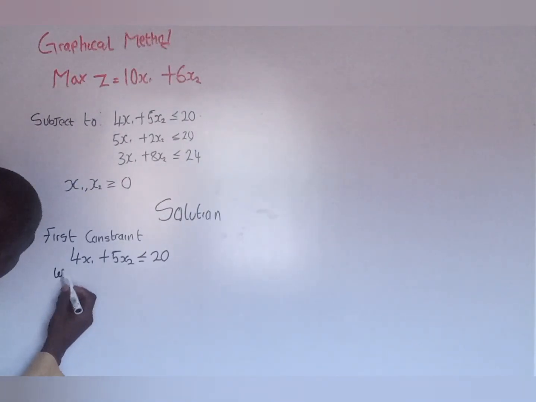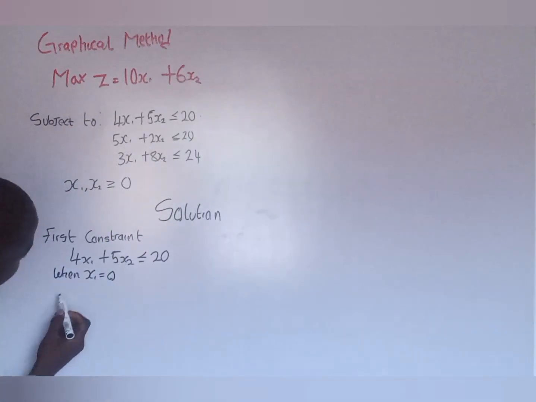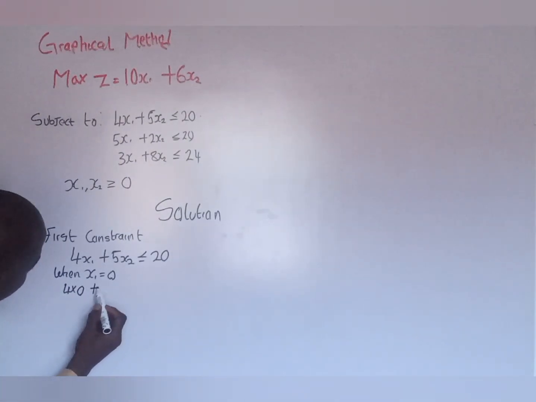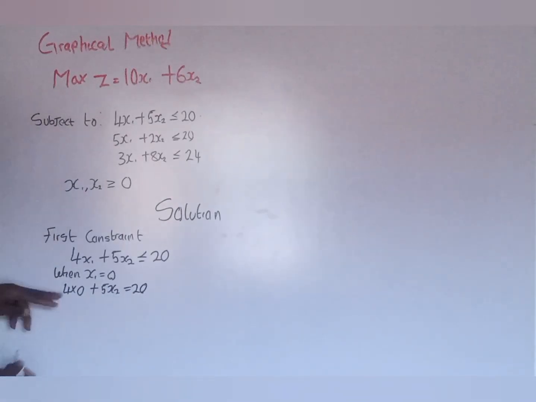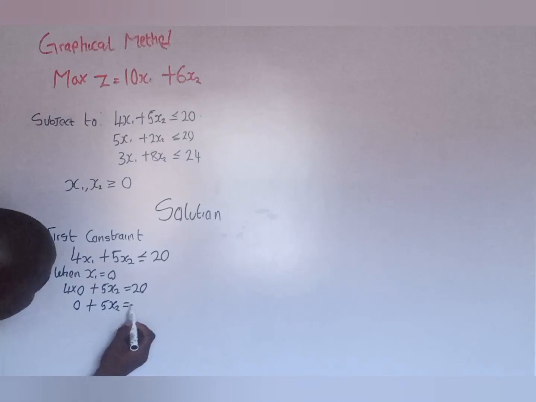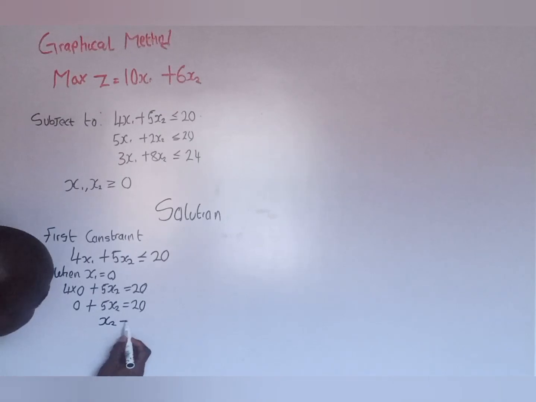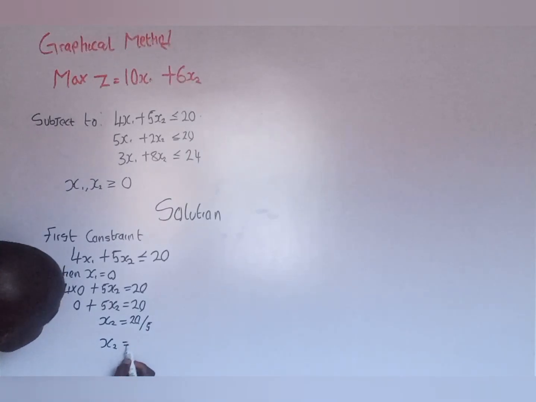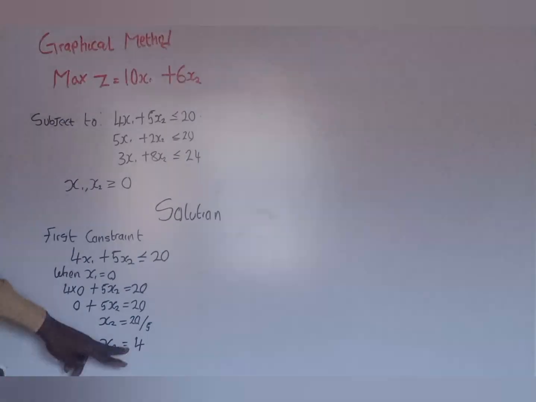When x1 equals 0, we have 4 multiplied by 0 plus 5x2 equals 20. So 4 multiplied by 0 will give us 0. So we have 0 plus 5x2 equals 20. So make x2 the subject of the relation. We have x2 equals 20 over 5. So x2 equals 4.